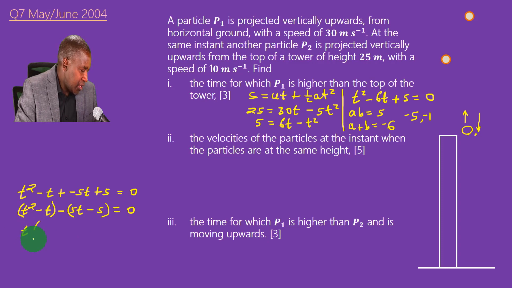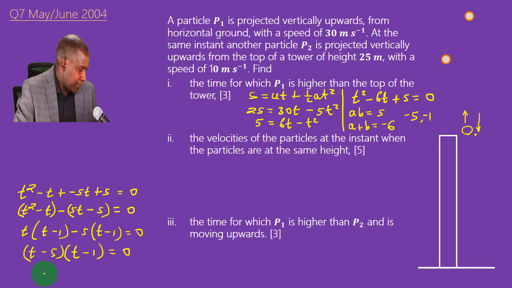So t into t minus 1 minus 5 outside there, t minus 1 is equal to 0, and t minus 5 into t minus 1, I get 0. The first value of t, t1, is 1 second, and the second value of t is 5 seconds.